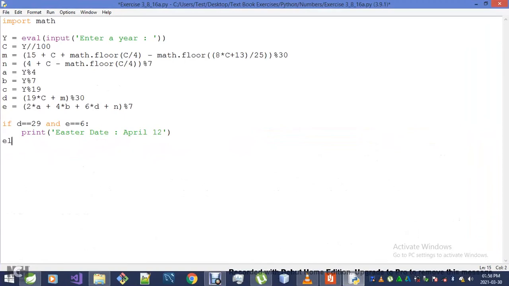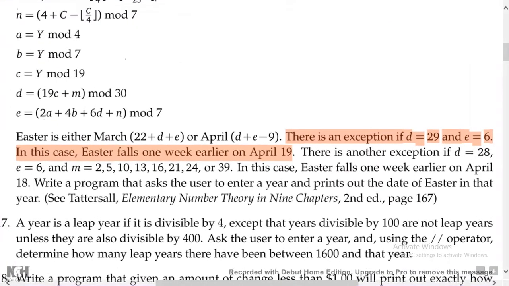Now, if D equals 28 and E equals 6, okay, check this out, you guys.